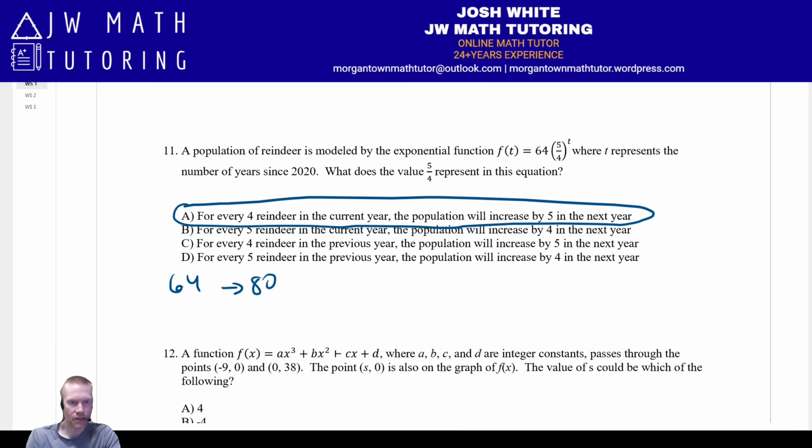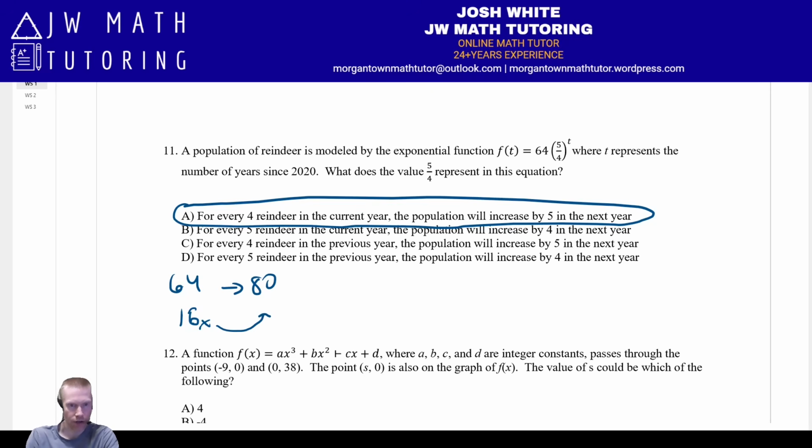So essentially, the rate of increase is going to be 1.25 greater. For every 4 reindeer in this initial year, you have 64. If you divide that by 4, there's a 16 multiplier, because 64 total, how many groups of 4 could you make? Well, 16.